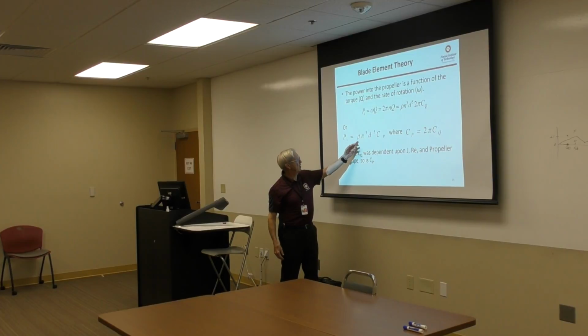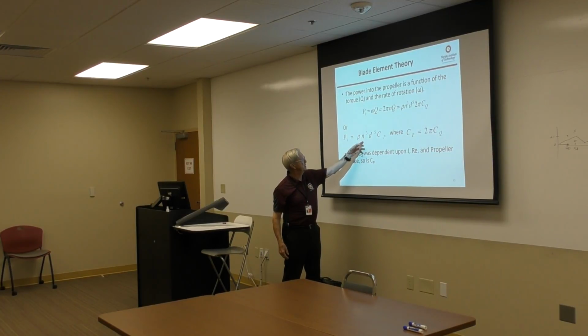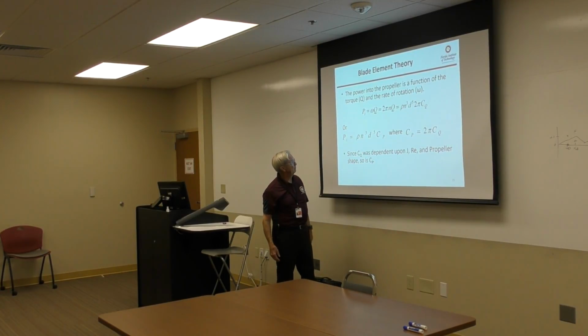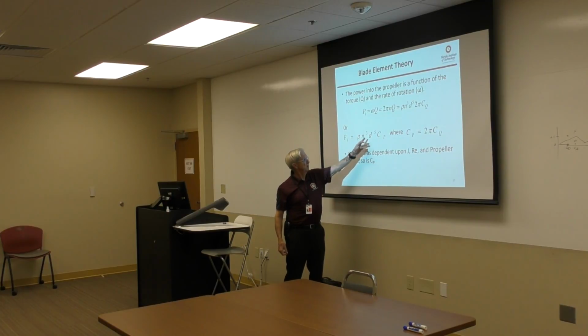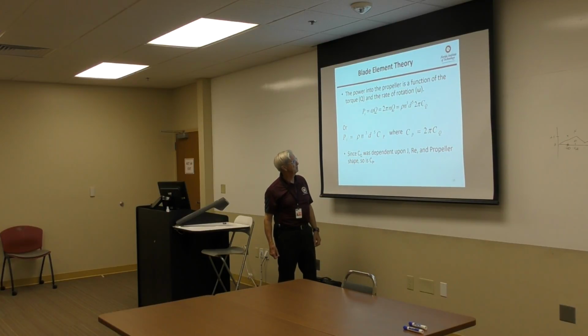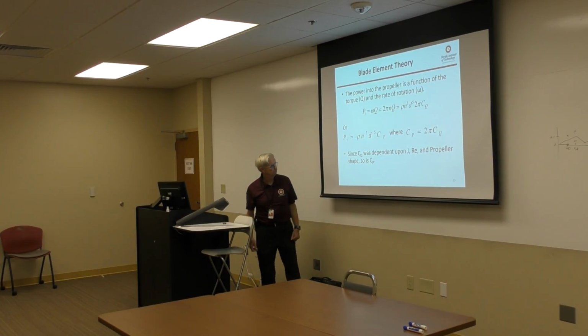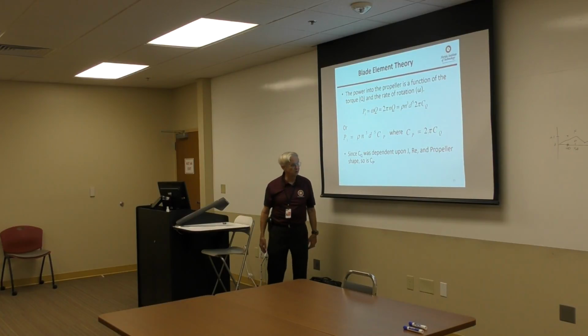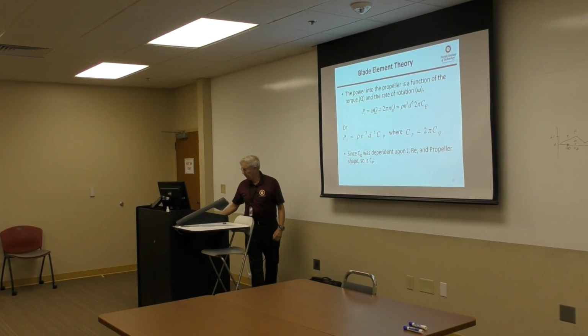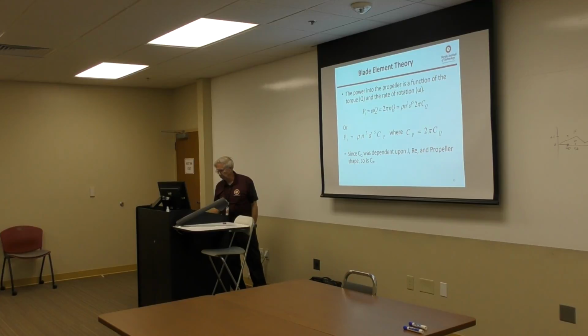So the input power is the density, revolutions per second cubed, diameter of the propeller to the 5th power, and the power coefficient. And since CQ was dependent upon advance ratio, propeller shape, and Reynolds number, so is C sub P.